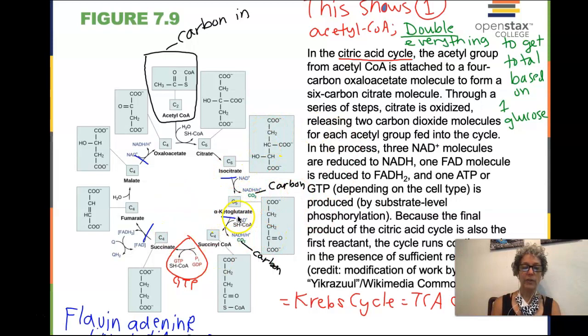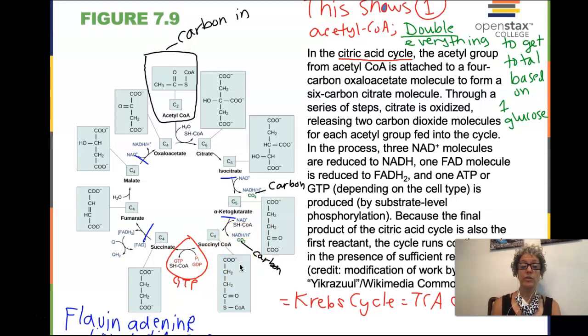Going from alpha ketoglutarate to succinyl-CoA, we bring in coenzyme A again to help it be reactive. Going from NAD+ to NADH says we are going to oxidize alpha ketoglutarate to succinyl-CoA, and we release another carbon dioxide. So we had 3 carboxyl groups, we removed a carbon dioxide, and now we have 2. We have 2 carboxyl groups, we remove a carbon dioxide, and now we only have 1.